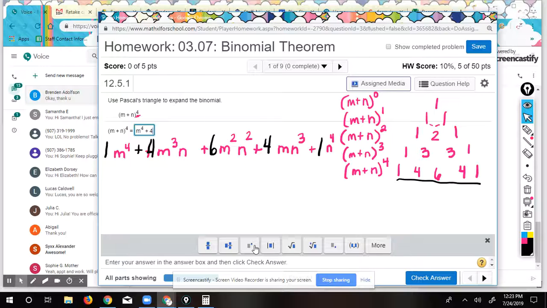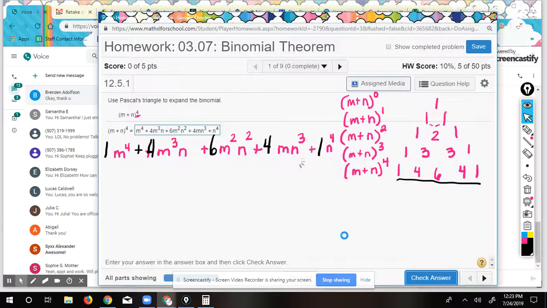Plus 4m to the third n plus 6m squared n squared plus 4mn to the third plus 1n, oh excuse me, if we could just do n, same thing, n to the fourth.